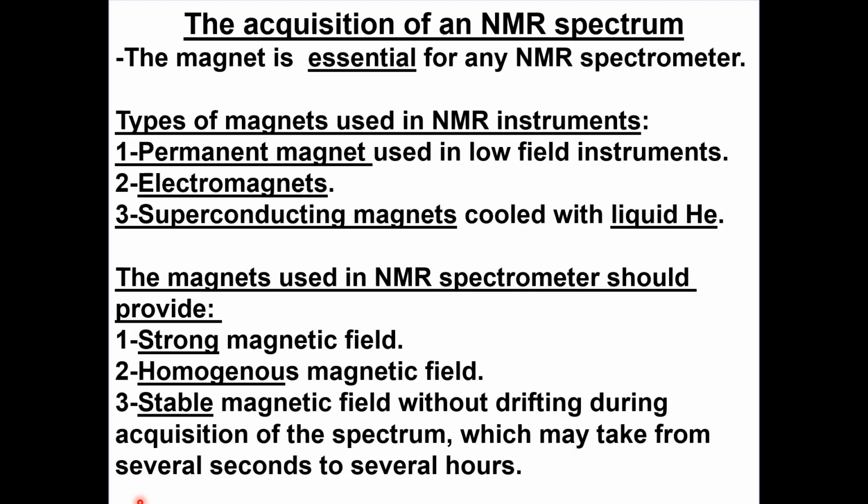A magnet used in an NMR spectrometer should provide a strong, homogeneous, and stable magnetic field without drifting, because upon drifting you lose your NMR signal.